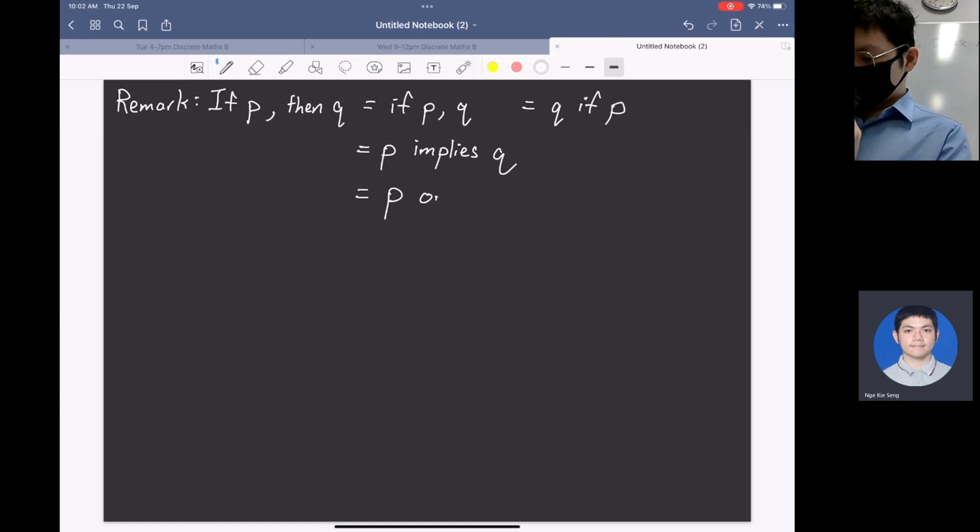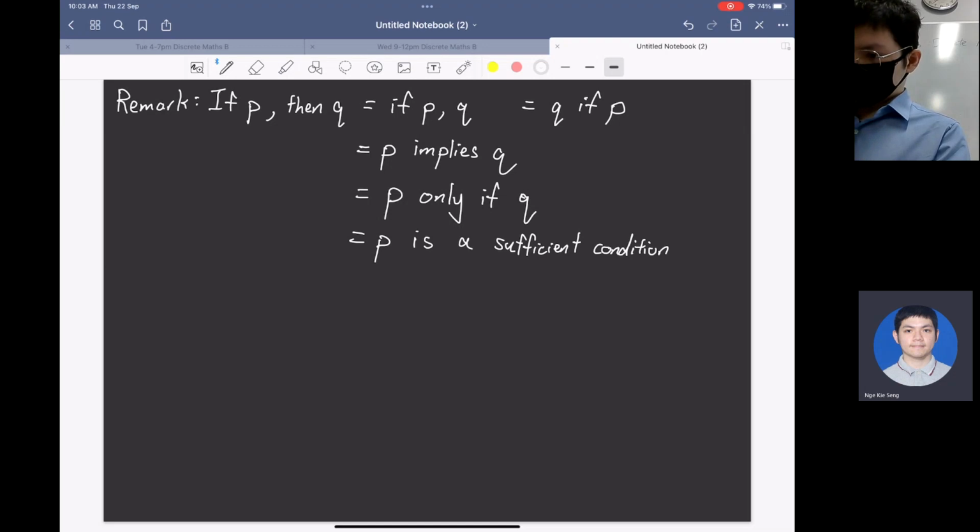Or you could say P only if Q. Or P is a sufficient condition for Q. So P is sufficient for Q to happen, but Q may happen by itself or because of other reasons. P is just a sufficient condition.